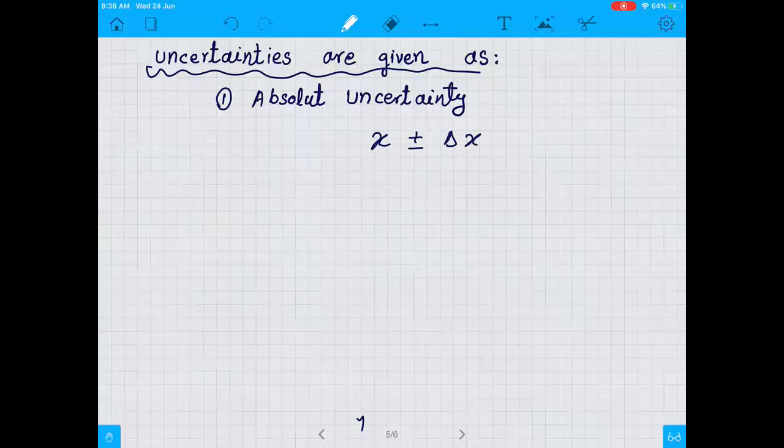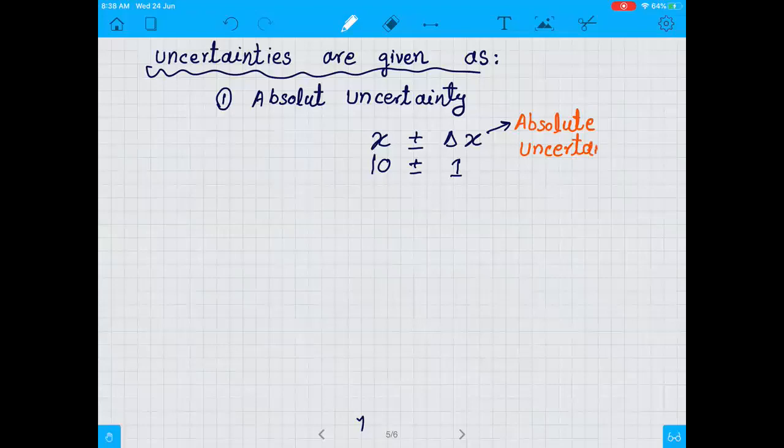Let's suppose x is 10 and the uncertainty is 1. Now this uncertainty is called the absolute uncertainty. You can understand absolute uncertainty as the uncertainty in the actual data value.